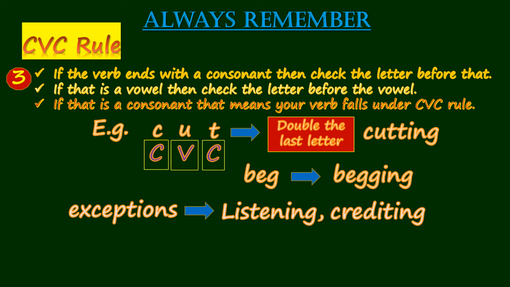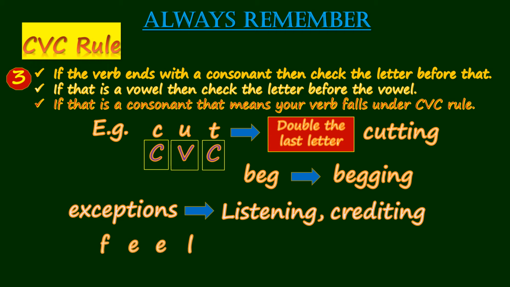For example, this word listen, L-I-S-T-E-N, if you look at it carefully, it falls under the category of CVC rule. That means the last letter, that is N, should get doubled. But this word does not want to follow the rule. So listening is an exception. Same is the case with crediting and debiting. So you should just learn these words, that they do not follow the rule. So I need to learn their spellings. At least you know the rule for other words, right?